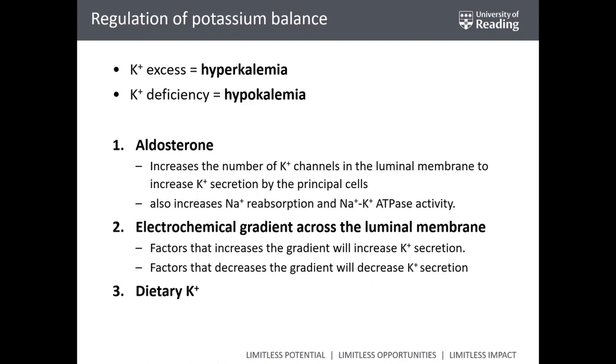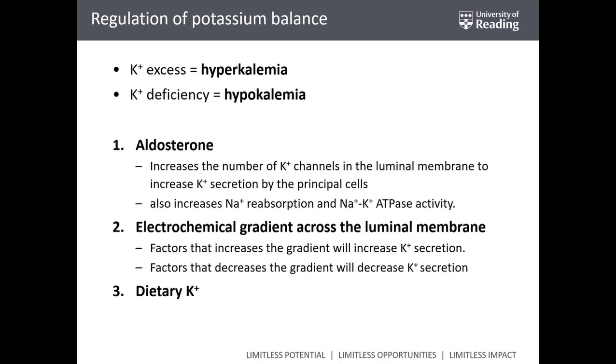So aldosterone promotes the excretion of potassium by, guess what, increasing the number of potassium channels in the luminal apical membrane to increase the potassium secretion by the principal cells. It also increases sodium reabsorption and the sodium-potassium ATPase activity and expression on the basolateral membrane, as we said.